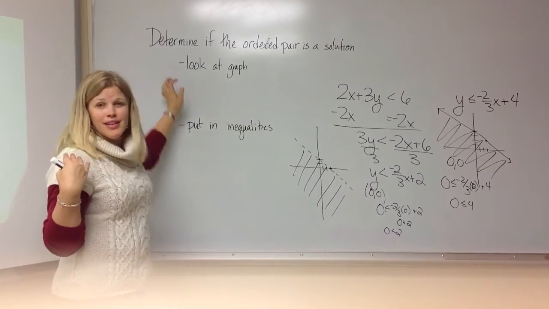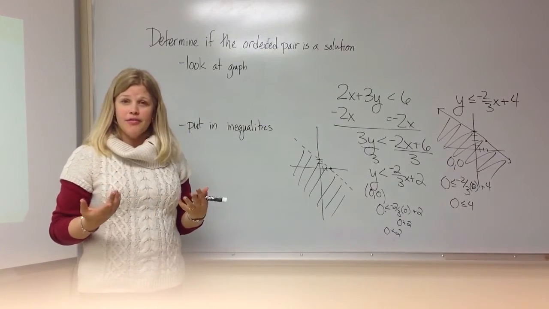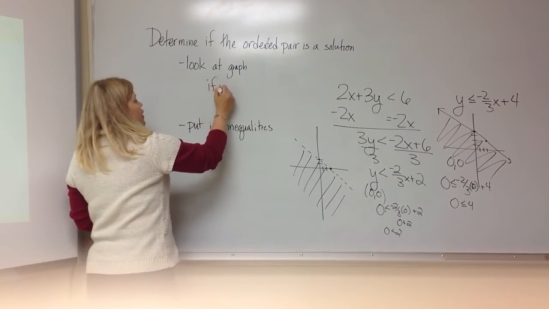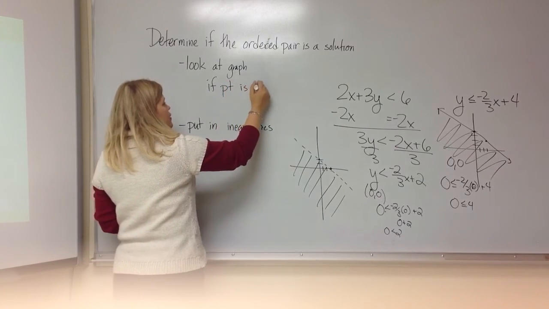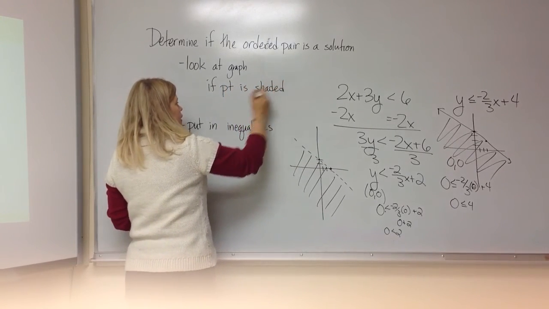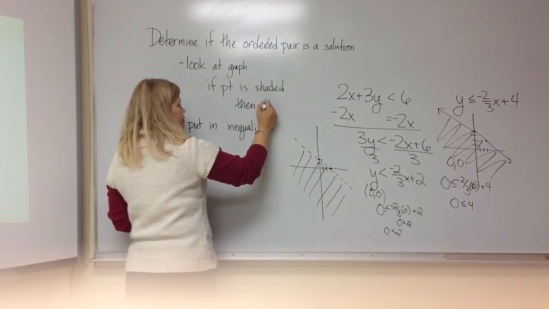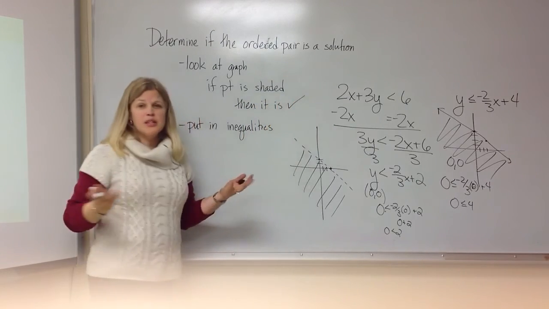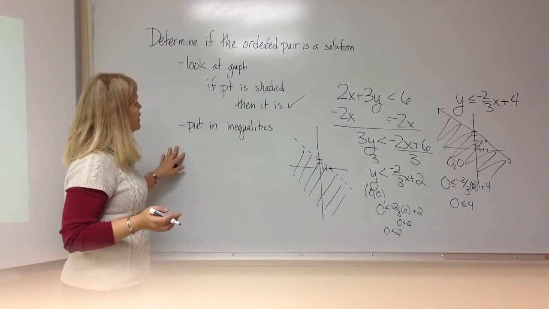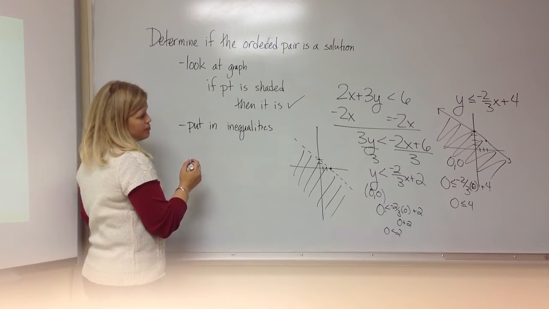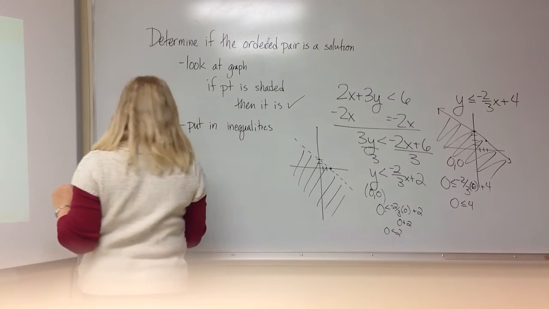So one thing is to look at the graph. If the point is shaded, then it is. So that's pretty easy.